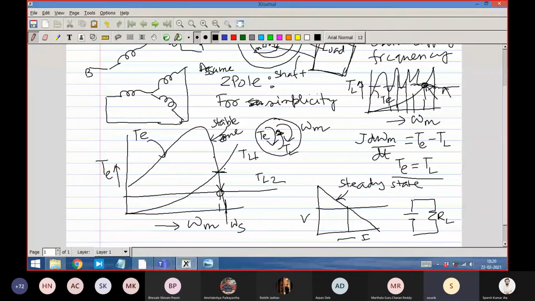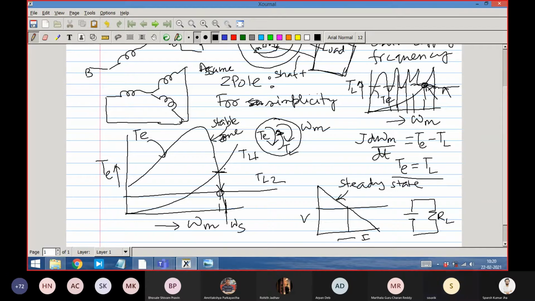They will write the dynamic equation of the fan and produce a fan type of load torque characteristics, and they will tell you why the characteristics is like that.